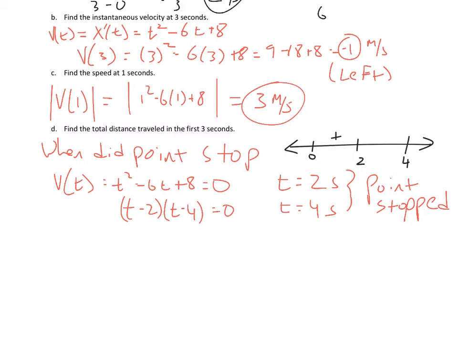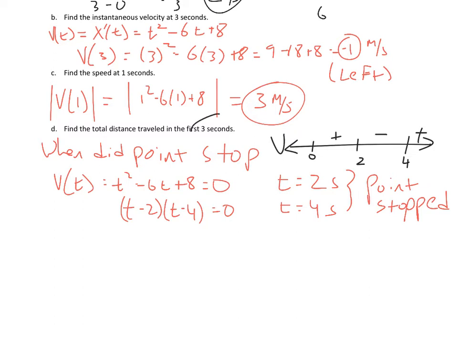If you plug in something like 3, we're going to get a negative. And then you plug in 5 for velocity. This is velocity. You get positive. So what that means is for the beginning of this trip, it's moving right, then it's moving left, then it's moving right again. So it's kind of bouncing back and forth.